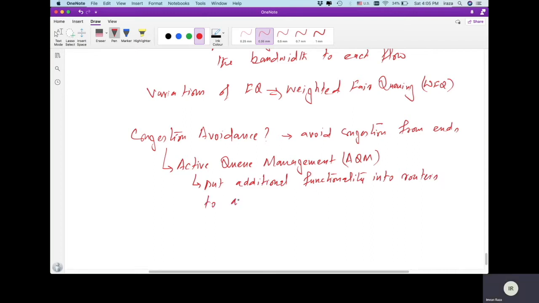Why? To assist the end nodes or machines in the anticipation of congestion.